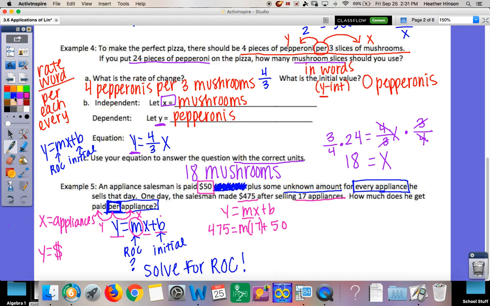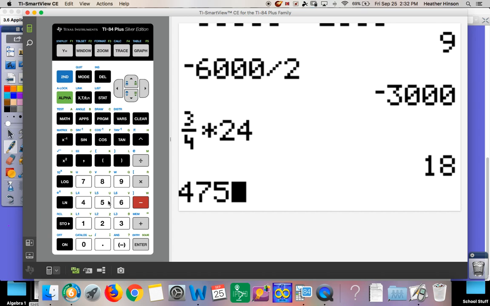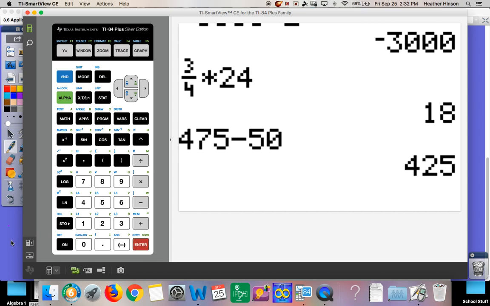And then we're just going to solve it. So do the opposite of what you see, starting with your addition and subtraction. So with plus 50, we're going to do the opposite, which is minus 50. So 475 minus 50 is 425.